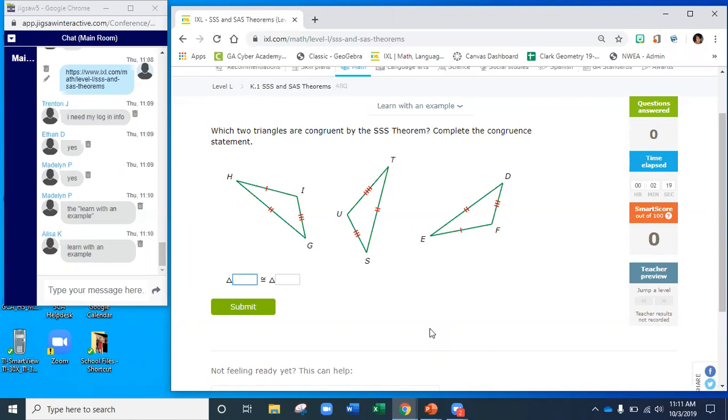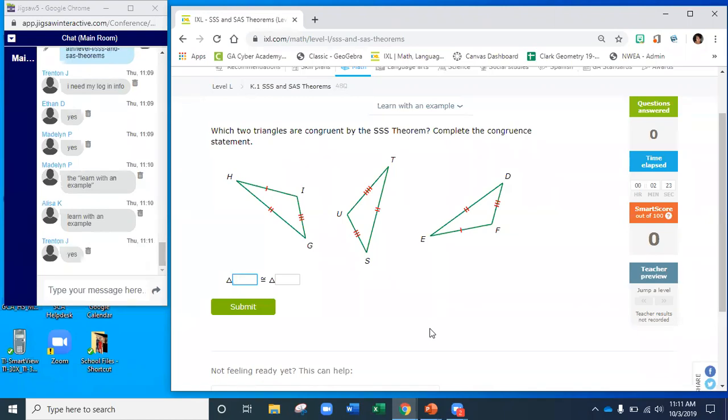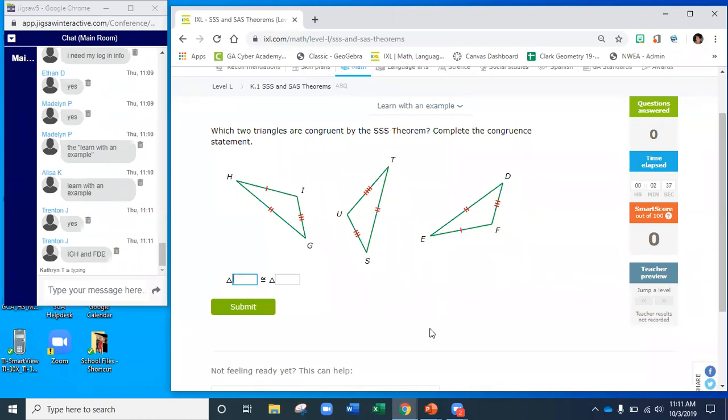Do y'all see two triangles like that? You can go ahead and put your answer in chat. Go ahead and name them with those 3 angle names. Triangles are named with 3 letters. Okay, so we have IGH.